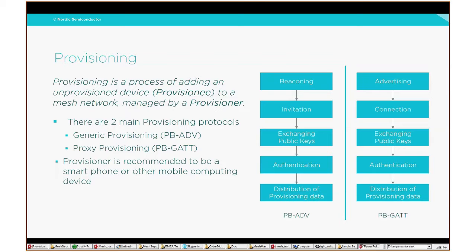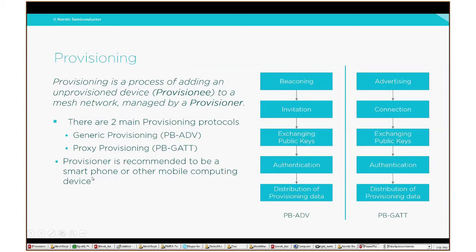So there are two main provisioning protocols, one with PB-ADV, which is the advertising bearer, the normal mesh bearer, or it could be the PB-GATT, which is using the Bluetooth Low Energy connection. This is for those devices that don't support mesh natively. For example, on a mobile phone, you can use GATT service and a BLE connection to do provisioning.